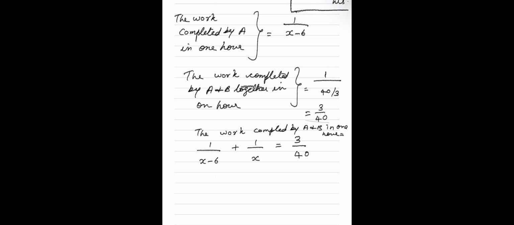So let's cross multiply. This is our equation, and this is what we are going to convert into a quadratic equation. x plus x minus 6 divided by x into x minus 6 is equal to 3 by 40.